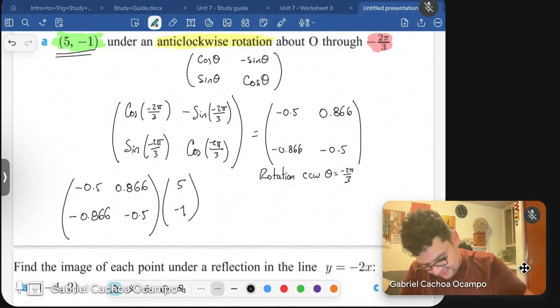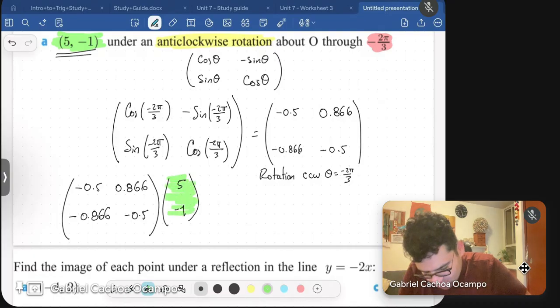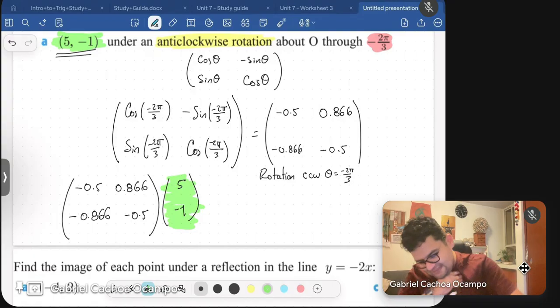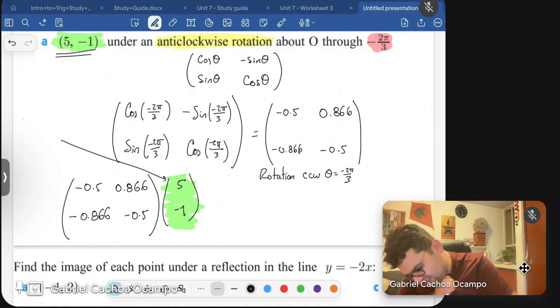This point, I am writing it as a column vector, and I am multiplying this matrix times this vector. This is the meaning of evaluation, evaluating at 5 comma negative 1.